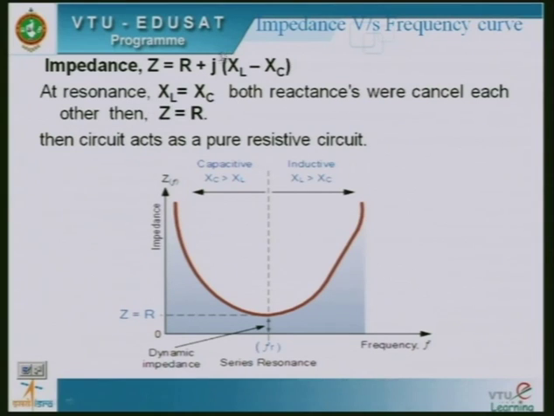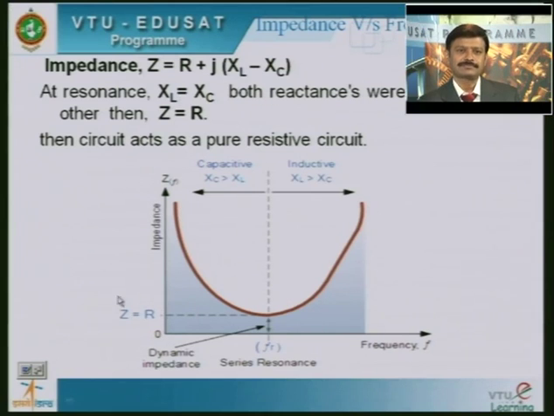Then the imaginary part becomes 0, and obviously the impedance is equal to resistance. The circuit behaves purely resistive in nature, and in a series resonating circuit the impedance will be minimum and current will be maximum.